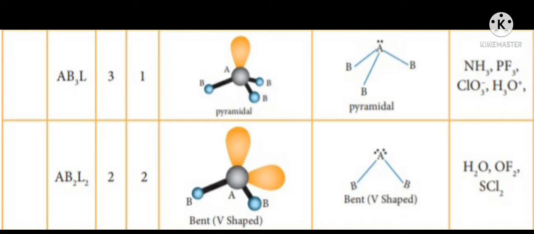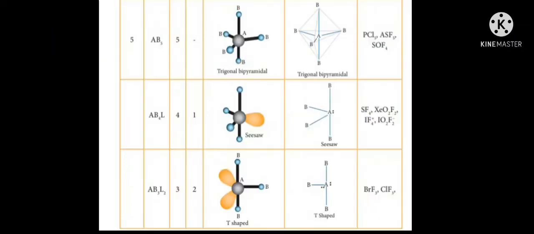Molecular geometry is shown here. H2O, OF2, SCl2 are examples for AB2L2 molecule. Next, we will discuss number of electron pairs equal to 5.